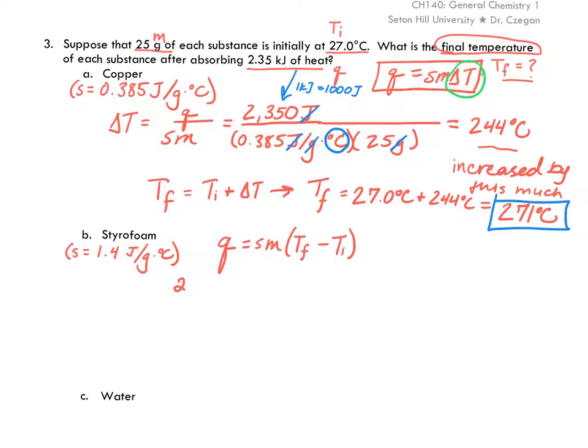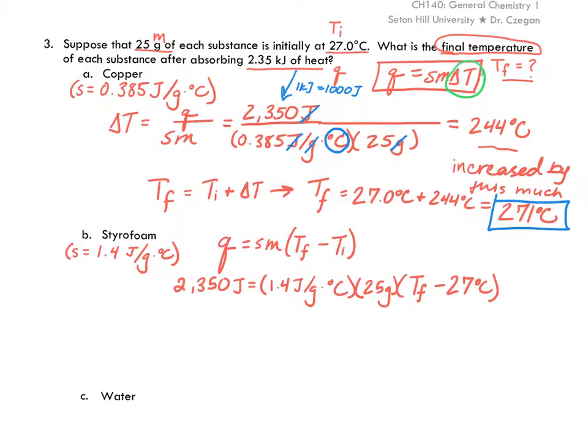Our heat was 2,350 joules. Our S for styrofoam is 1.4 joules per gram degrees Celsius. Our mass is 25 grams. Our final temperature is what we're solving for, and our initial temperature is 27 degrees Celsius.